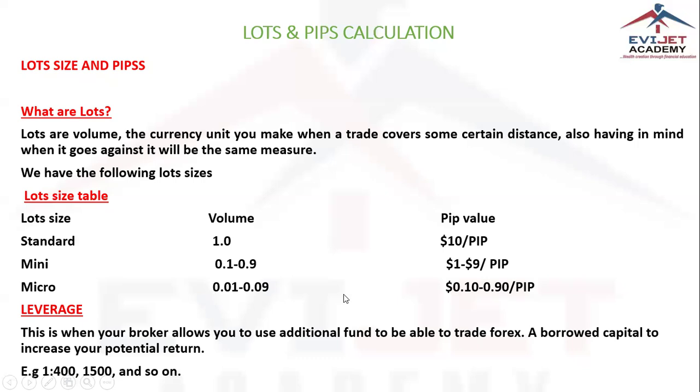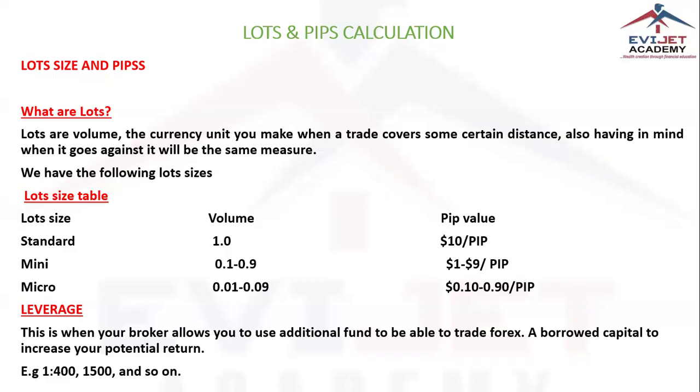So for you to get $1, you need to get to 10 pips on a 0.01 lot size. So if you take a trade and the TP is 30 pips, it is expected that 30 pips will give you $3 with 0.01.